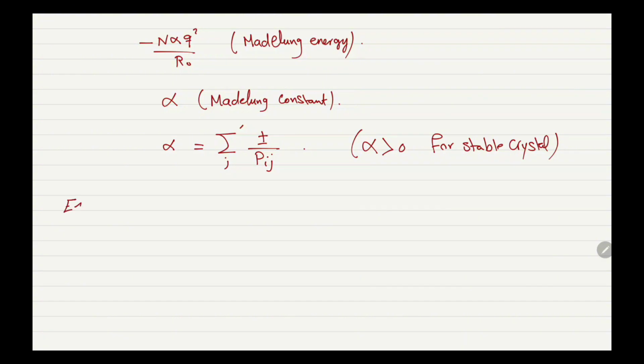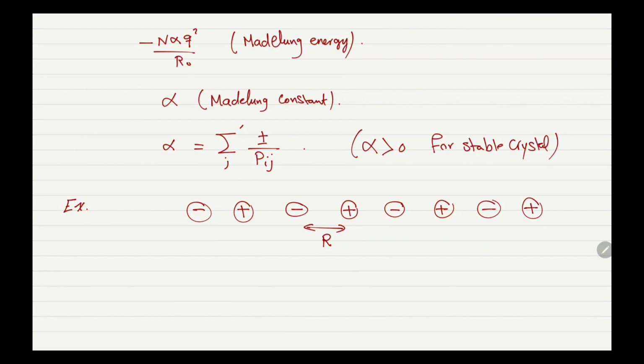Example: let's calculate the Madelung constant for an infinite line of ions of alternating sign, plus or minus. So if we have plus and minus ions like this, with the distance between positive and negative ions being R, we would like to calculate the Madelung constant for this case.